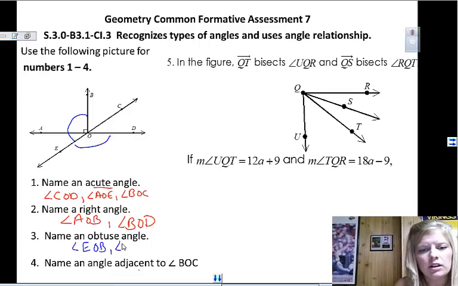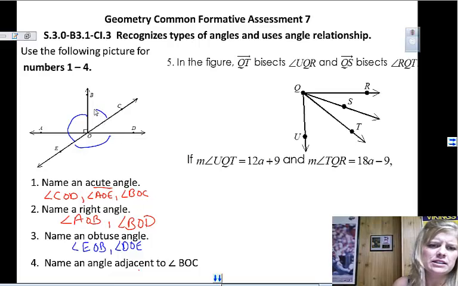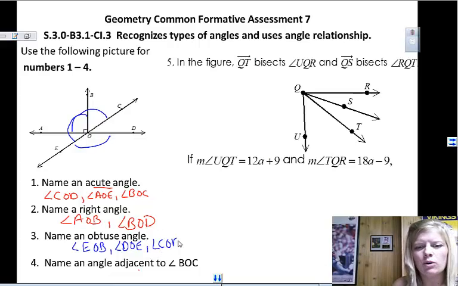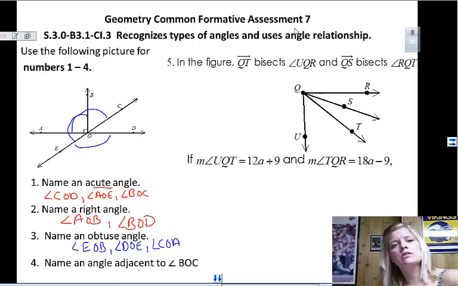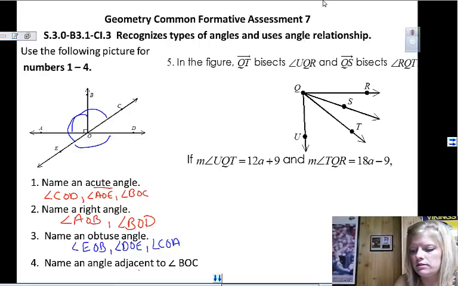Yeah. Angle DOE. Is there another one? Oh, yeah. Could you have said COA? Yeah. Angle COA. I think that's about it, though. What'd you have? Did they match one of mine? Hope so.